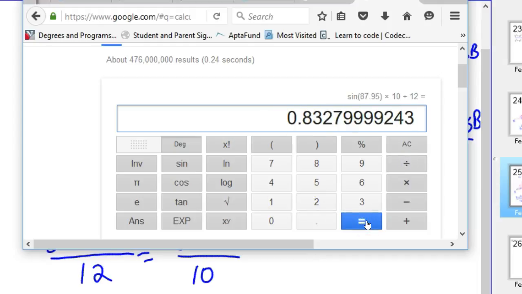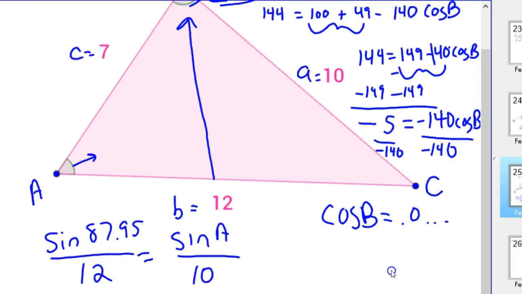And we end up with 0.8379999, and lots of decimals. So we're going to do the inverse of that because we're looking for the angle. So again, we'll hit the inverse. We're dealing with sine, and that answer that we just came up with. Hit equals. And it's 56.4.